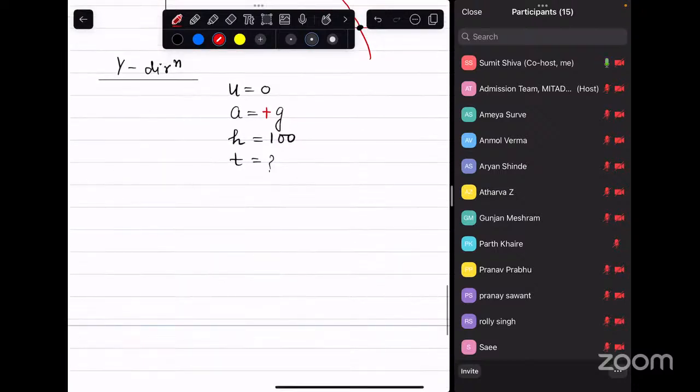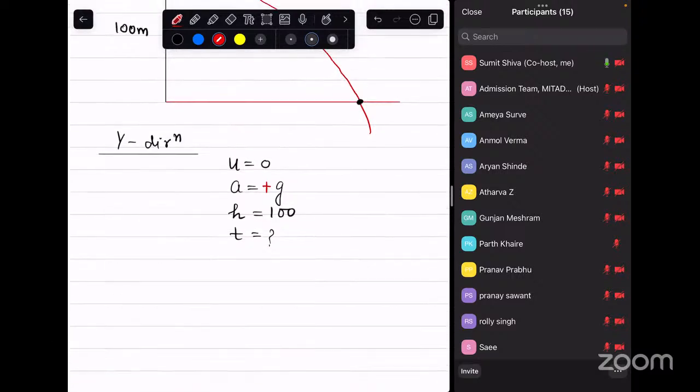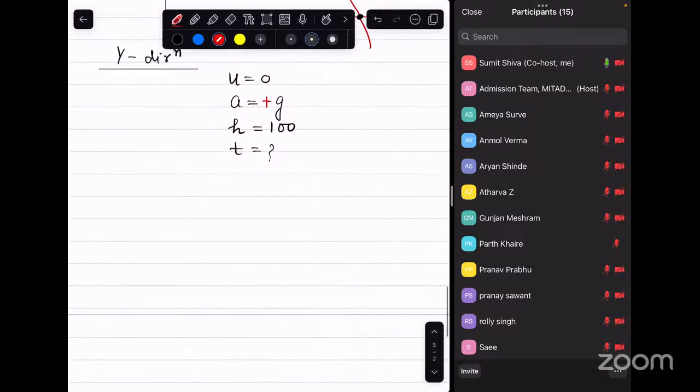Now we have to find out how much time it will take to reach the bottom point or the foot of the building. So which equation could we use? I think we can use h equals ut plus half at square.